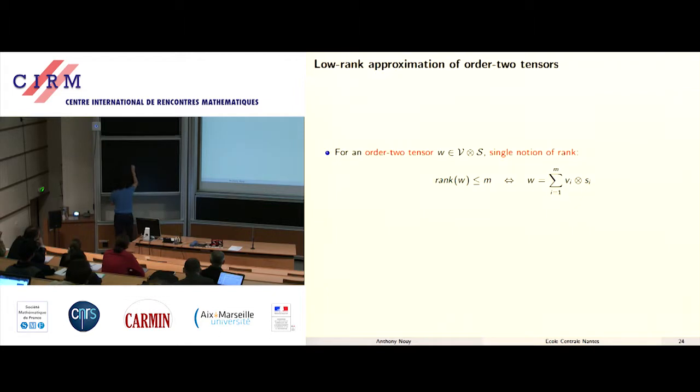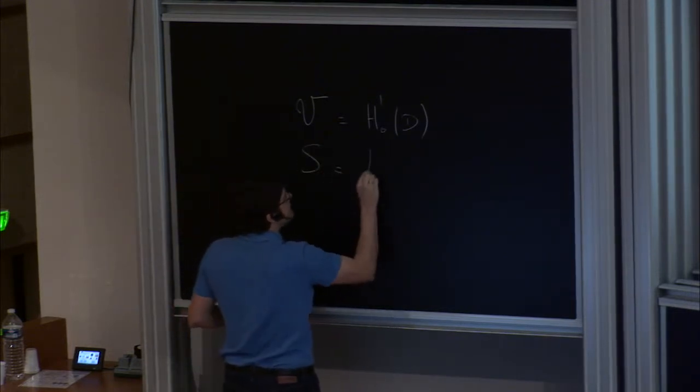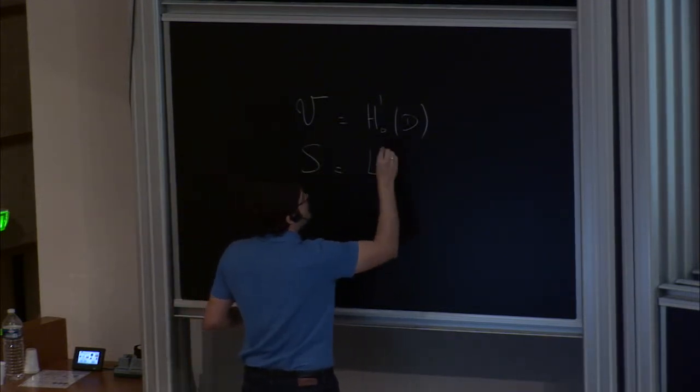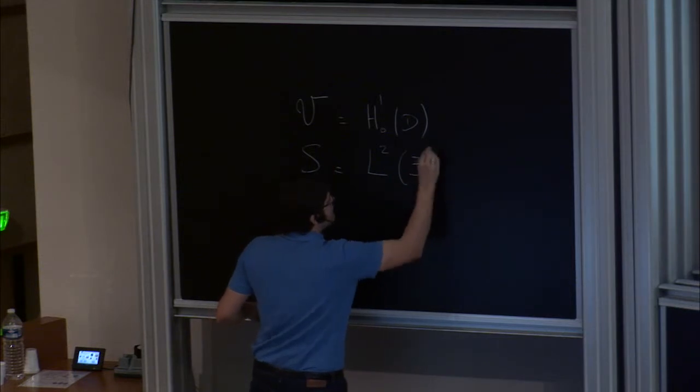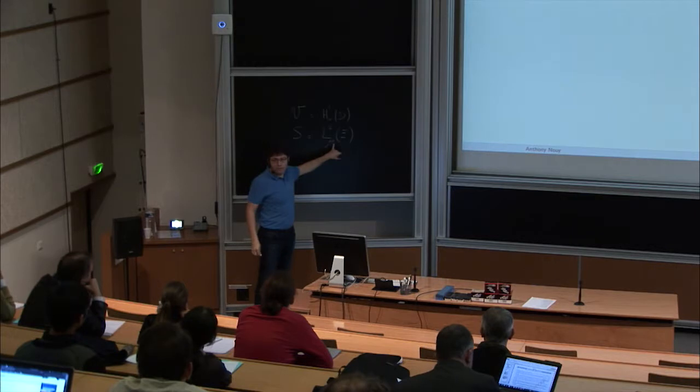That means, in this presentation, V typically will be, for the diffusion equation, H10, for example, on a given domain. And S will be Lp, or let's say L2, functions defined on the parameter space equipped with a probability measure.